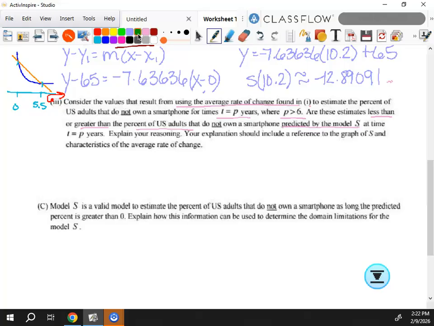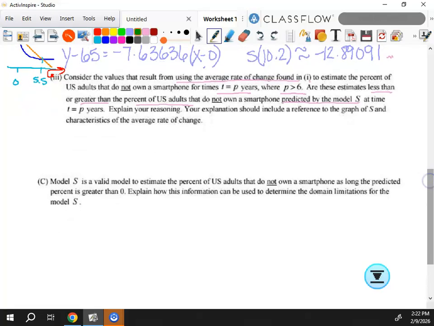I'm going to try to use the words from here.